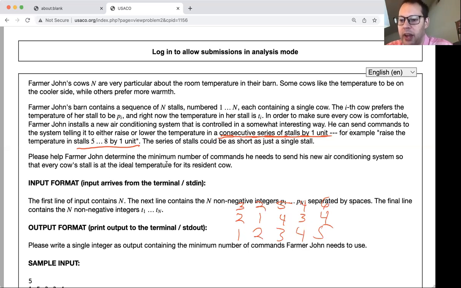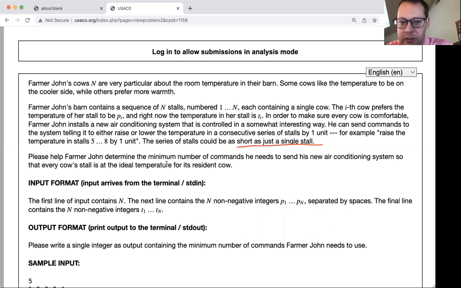Then I can say, okay, raise the temperature in stalls 1 through 5, and then these numbers will become 3, 2, 5, 4, and then 5. And then I'd have to give one more command to raise the temperature in stall 5, and that would bring this up to 6, and then the problem would be solved. So we're able to do an entire sweep of stalls at the same time. The series of stalls could be as short as just a single stall.